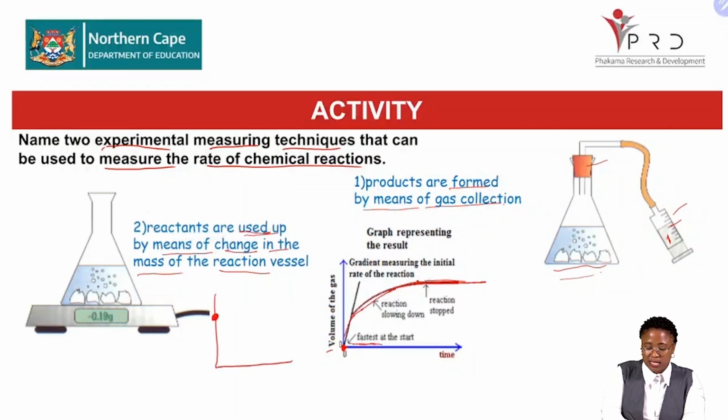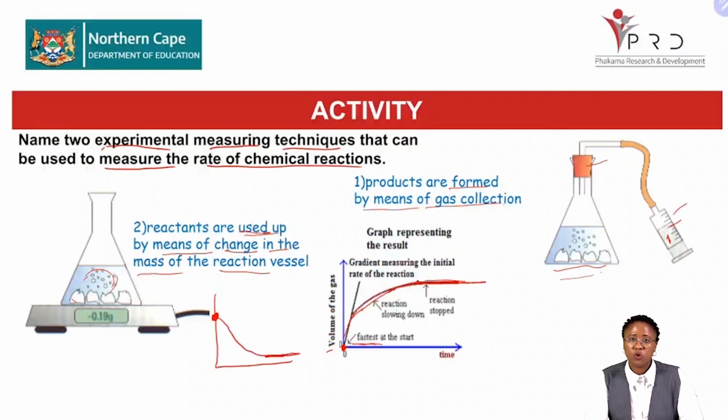The mass of the Erlenmeyer flask together with the contents will start at the highest point. Then it will decrease and decrease until the reaction comes to a stop, or it can even continue until there is nothing left in the container.